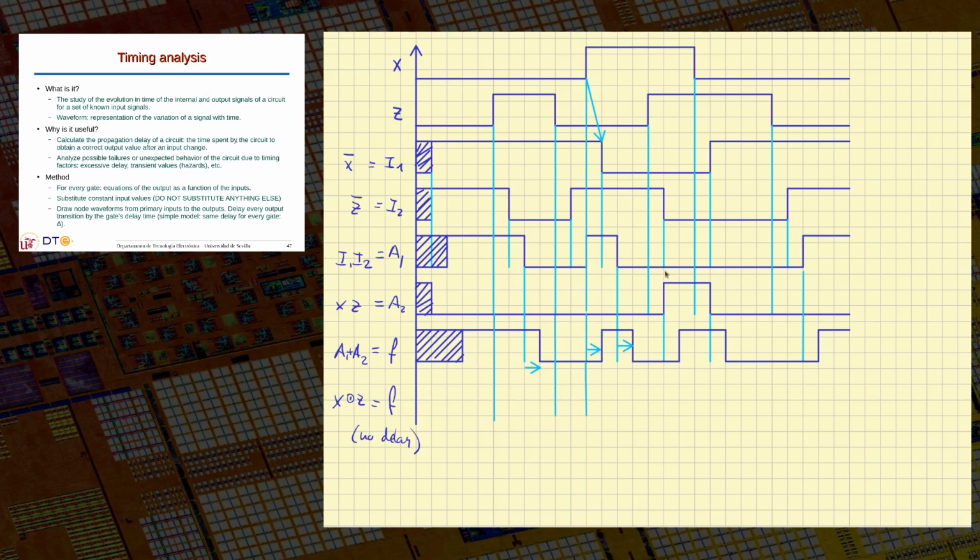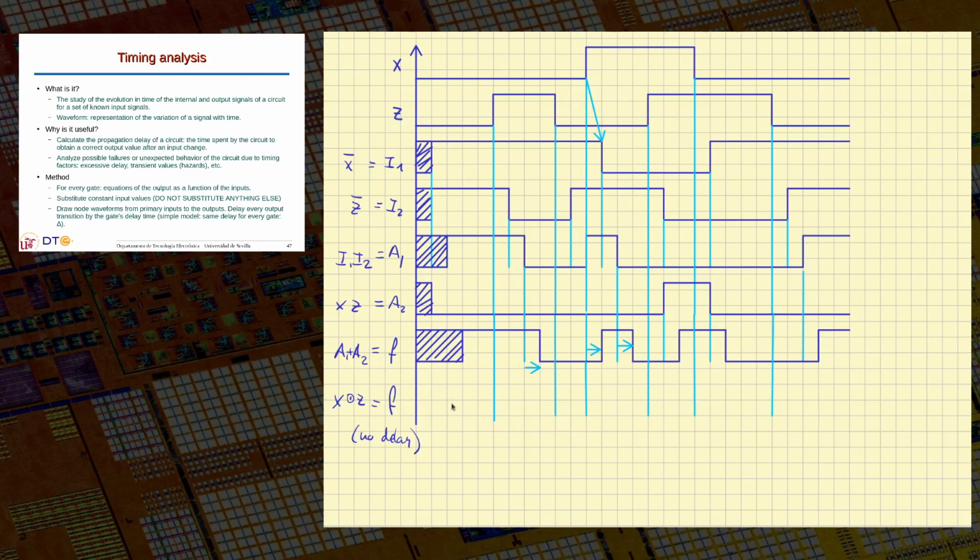These are my help lines here. Z changes here, x changes here, and z changes here again. And that's all, I think.